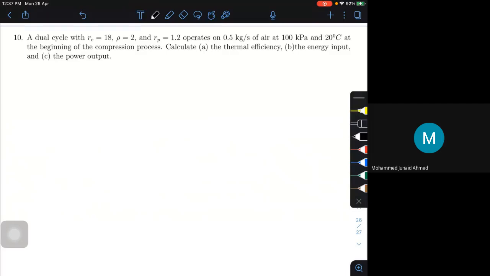In the previous problem we had only 4 points, but in the dual combustion cycle you have 5 points. So let's draw the PV and TS diagrams first. This is my PV diagram, and this is my TS diagram. Here I have 5 different points. First, 1 to 2 is the compression process.